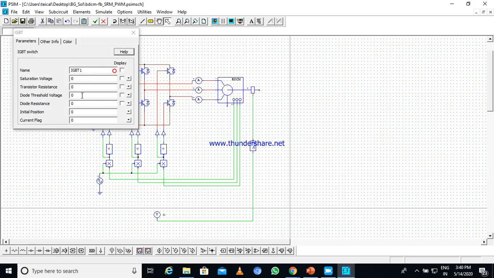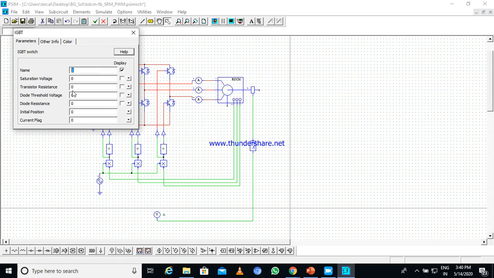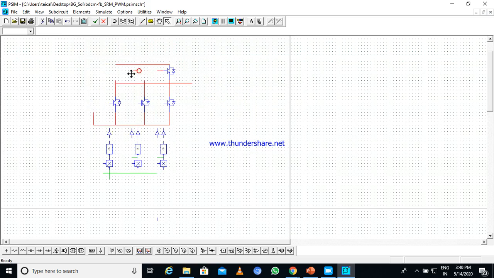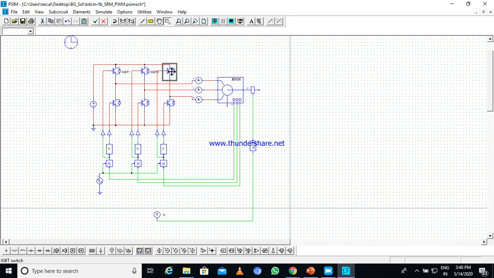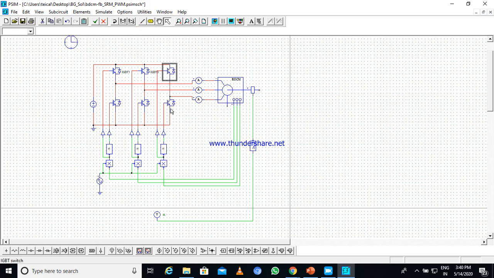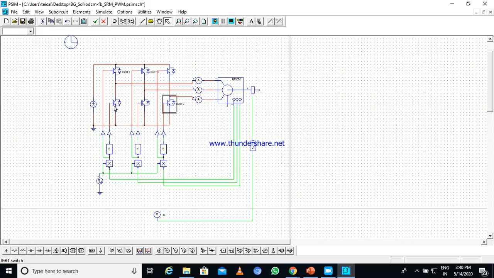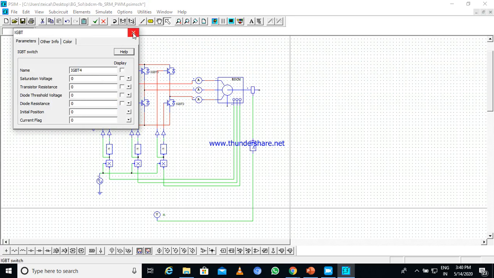Yeah. You see, this is the BLDC machine. So this is my inverter. I will go very slowly. So this is 1, 3, IGBT 5, IGBT 2, IGBT 4, IGBT 6.